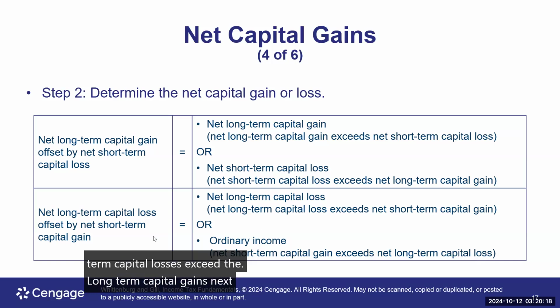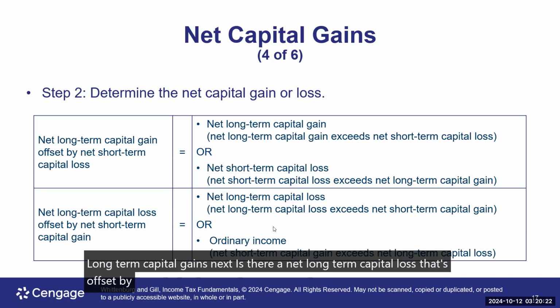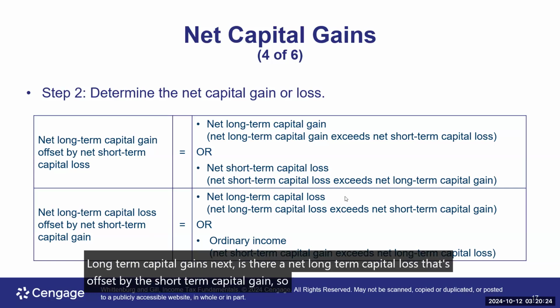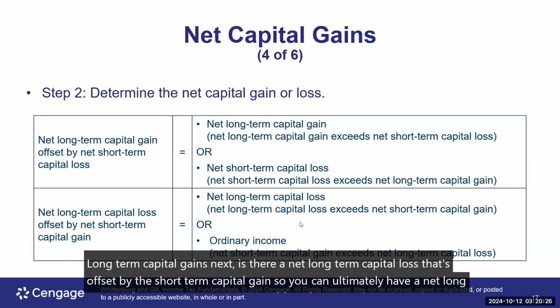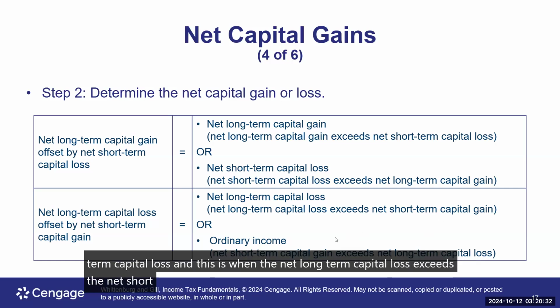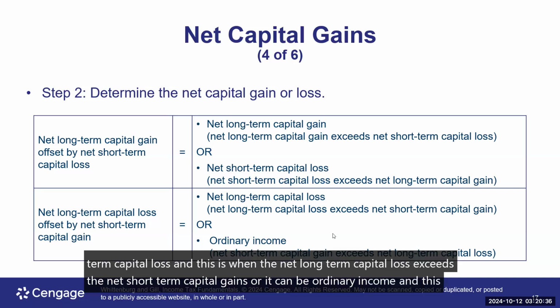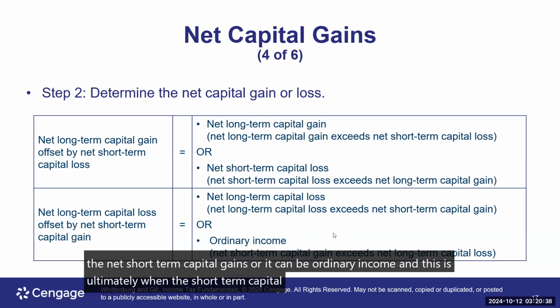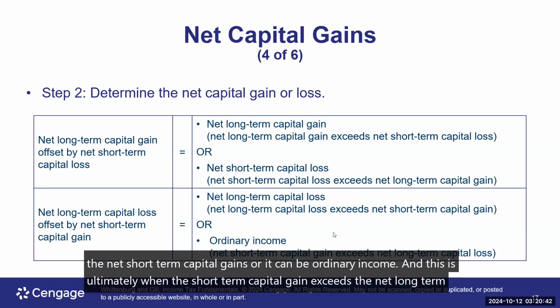Next, is there a net long-term capital loss that's offset by the short-term capital gain? So you can ultimately have a net long-term capital loss, and this is when the net long-term capital loss exceeds the net short-term capital gains, or it can be ordinary income. And this is ultimately when the short-term capital gain exceeds the net long-term capital loss.